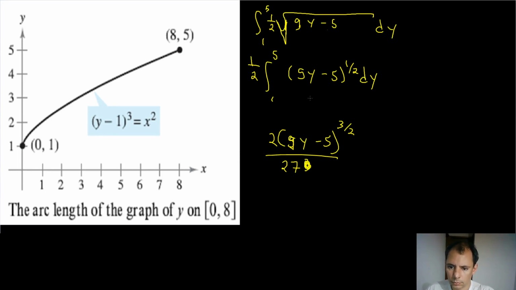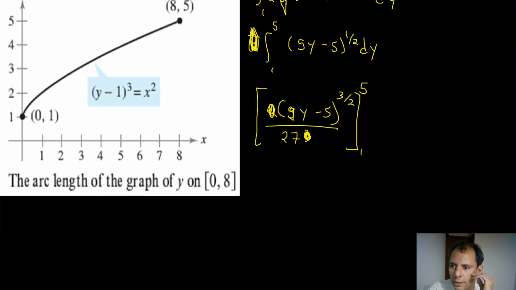And because you have this 2 and that 2, I'm going to simplify this 2 with this one. So this doesn't exist anymore. And I have to integrate this, right? As a matter of fact, I've already integrated it. All I gotta do is plug in the values.